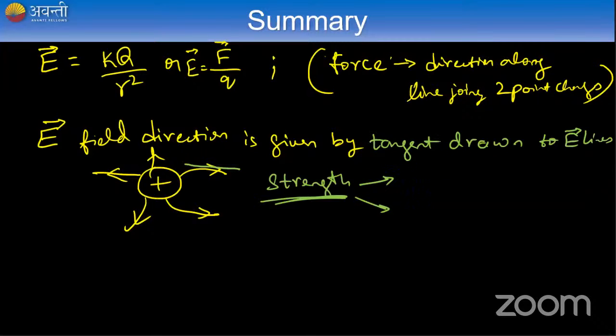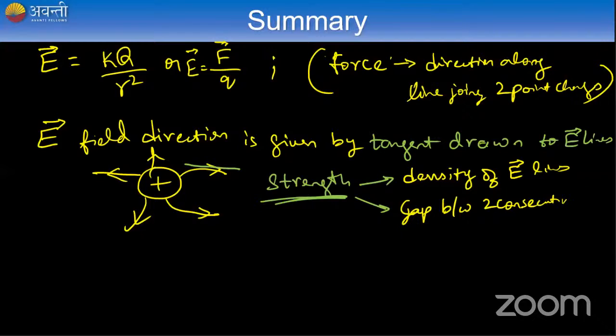Two things: one is the density of electric field lines, and second is the gap between two consecutive lines. If the gap is less, the electric field strength is more.